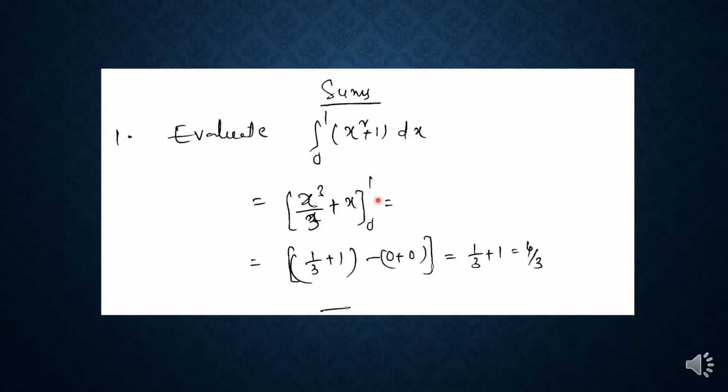At first put x equal to 1, the upper limit, in the result: 1 by 3 plus 1, minus, then put the lower limit x equal to 0: 0 plus 0. That becomes 1 by 3 plus 1, which is equal to 4 by 3.